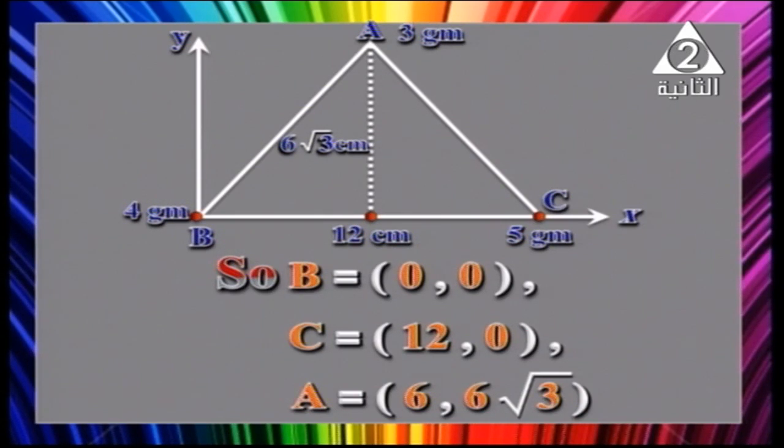Measure angle C equals 60, then the height equals length times sine 60. Sine 60 is root 3 over 2, times 12, so the height equals 6 root 3. Then the point D, its coordinate is (6, 6 root 3).